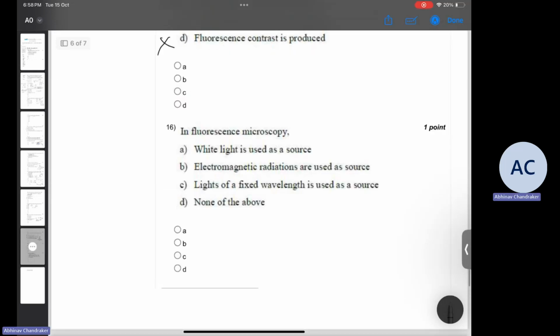Last question, 16. In fluorescence microscopy, white light is used as a source, electromagnetic radiation is used as a source, light of fixed wavelength is used as source, or none of the above.